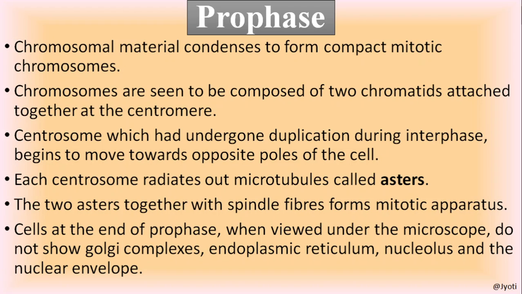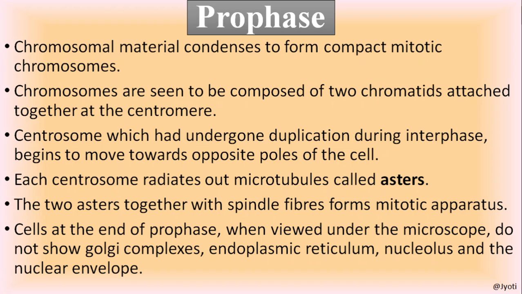Now as the cell enters into prophase, gradually this chromosomal material starts condensing to form a structure that is called chromosome. And now these chromosomes are composed of two chromatids attached together at the centromere.